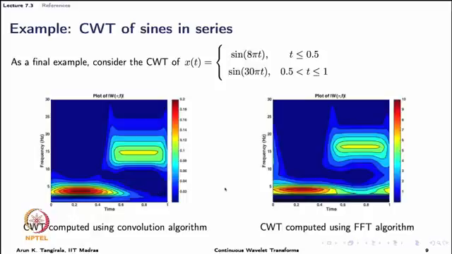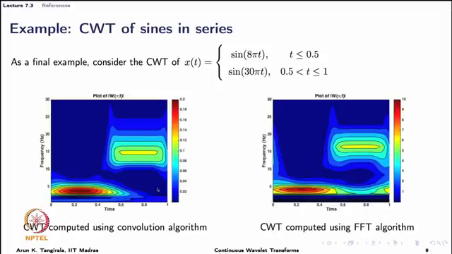That is because of the different assumptions underneath these algorithms with respect to the signal outside the interval. The FFT algorithm assumes that the signal is periodic, and because in the wavelet transform the lower frequencies have much less smearing, you will see this showing up predominantly here.